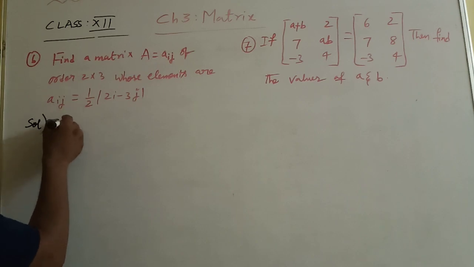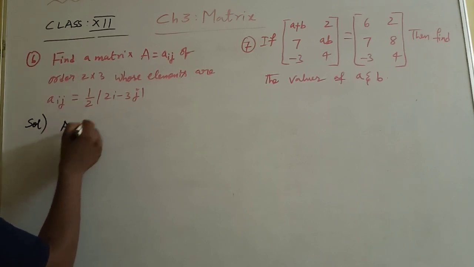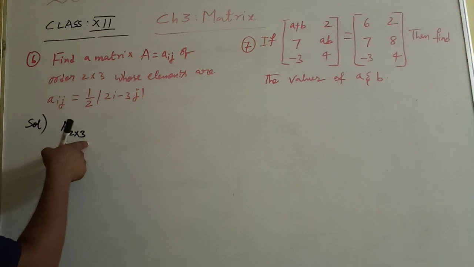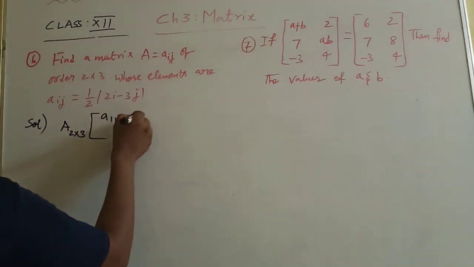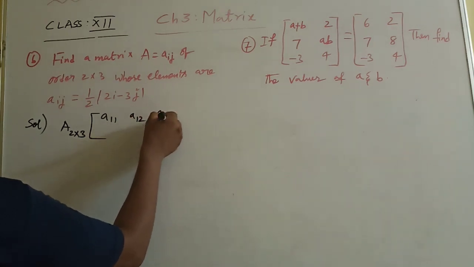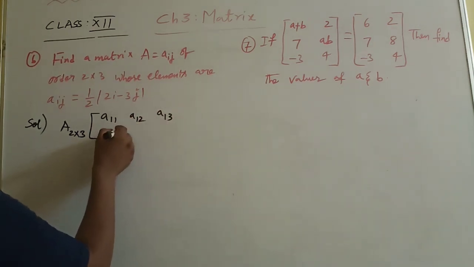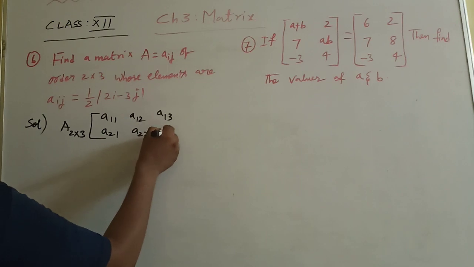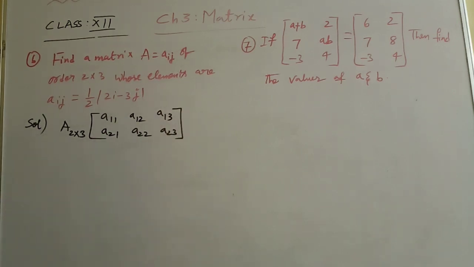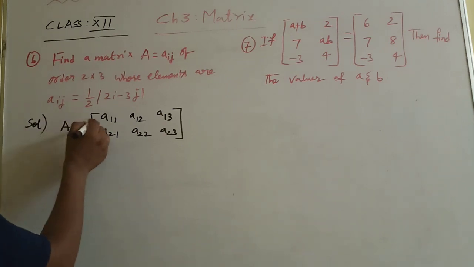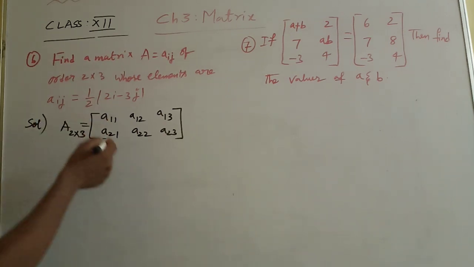Now first let me write the order, A is 2 by 3, means 2 rows, 3 columns. So now again here a11, a12, a13, a21, a22, a23. First we need to write this general form, and after writing the general form, just find the entries by the normal method.